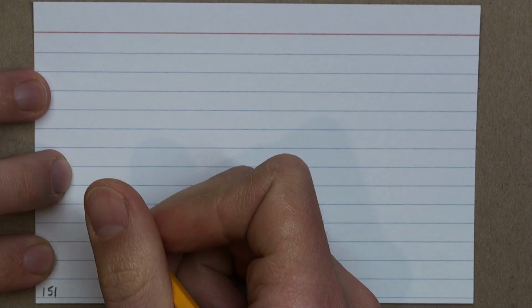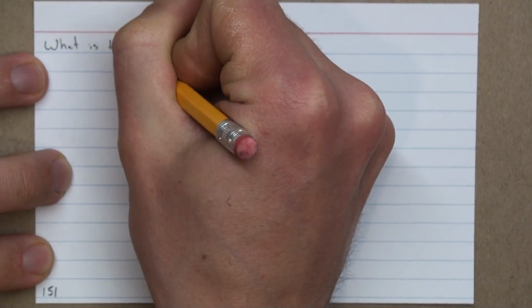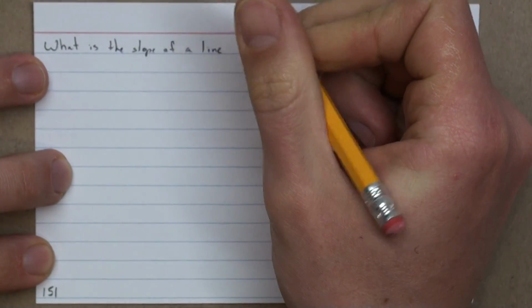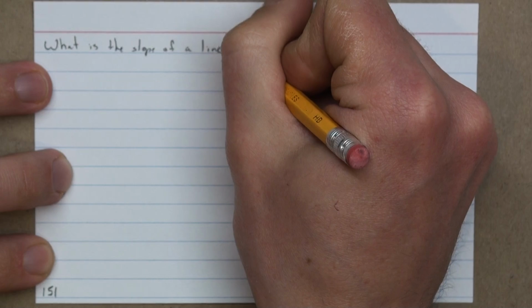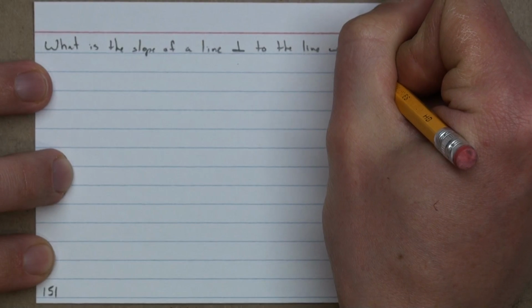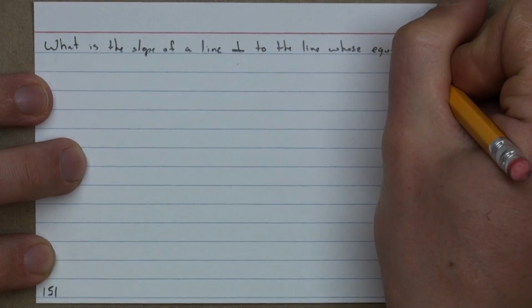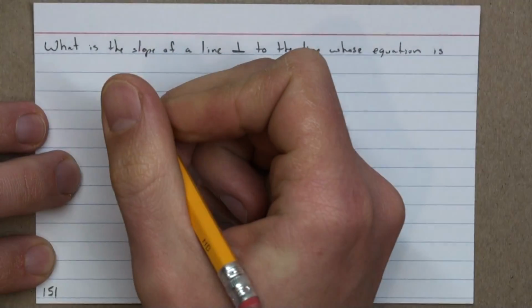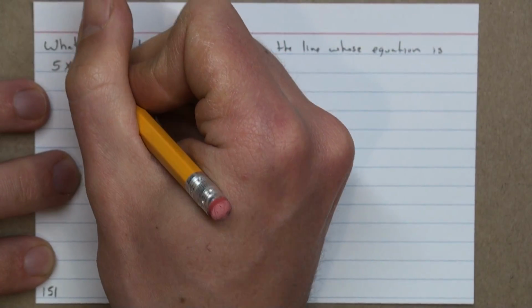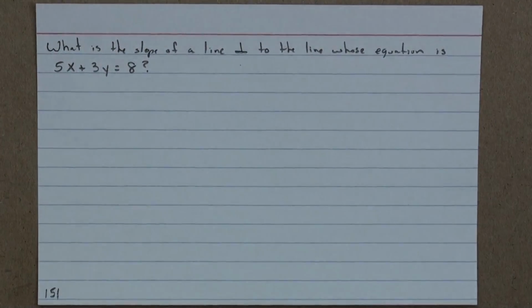Like, what is the slope of a line perpendicular to the line whose equation is 5x plus 3y equals 8? Okay? So let's solve that on the back.